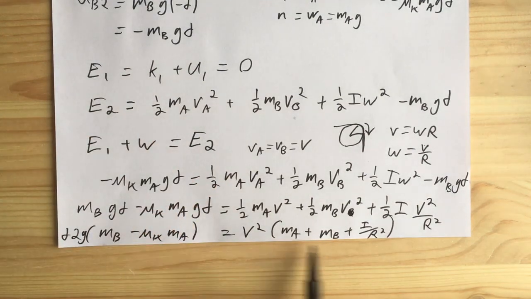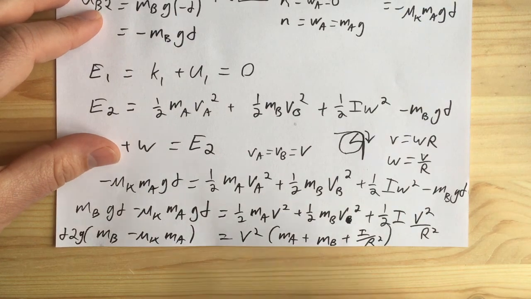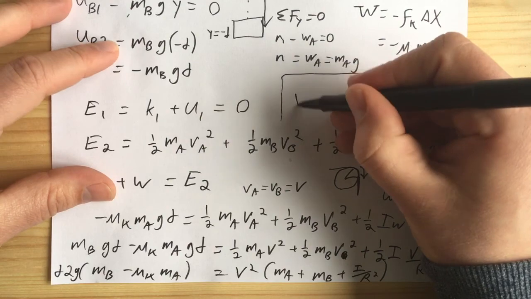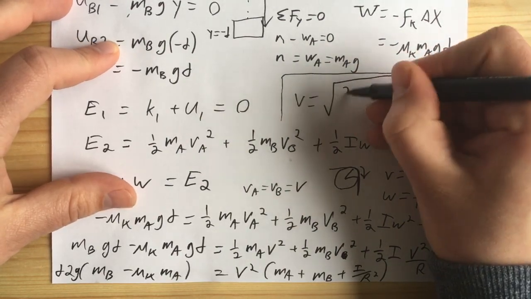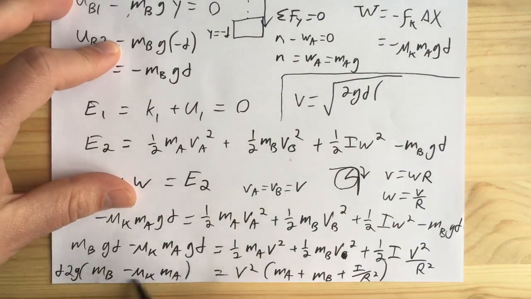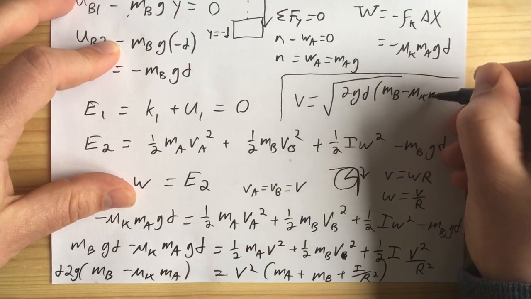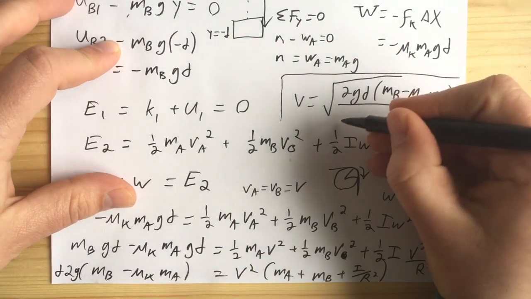So now I just have to solve for v. You can probably see what the solution will be now. I'm just going to write it up here since I ran out of room. So v must then be equal to the square root of 2gd, and that's this part here, times this, (m_B minus mu_k m_A), all divided by this term here.